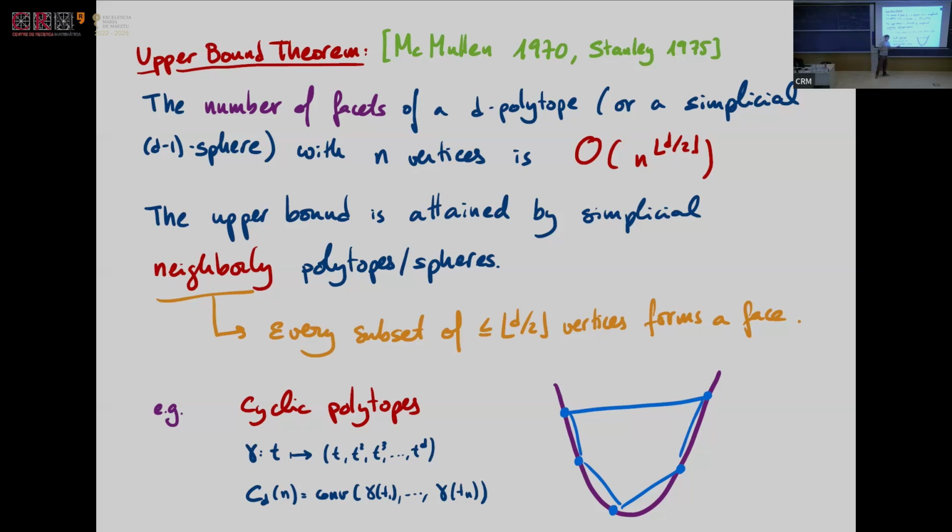It's called a cyclic polytope, and it has the property of being neighborly and of maximizing the number of faces. What Motzkin said was that the cyclic polytope would maximize the number of faces in every dimension, which is true. And then he said this is the only polytope that has this property, which is false. There are many more polytopes that have the property of being neighborly.